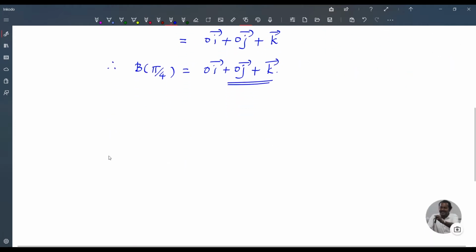Thus we have at t equal to pi by 4 the tangent vector t is minus 1 by root 2 i plus 1 by root 2 j plus 0k.